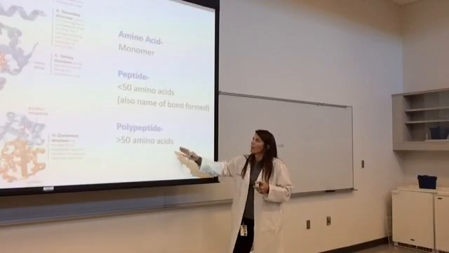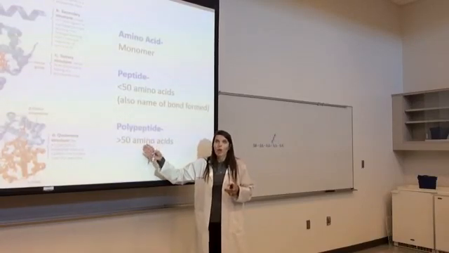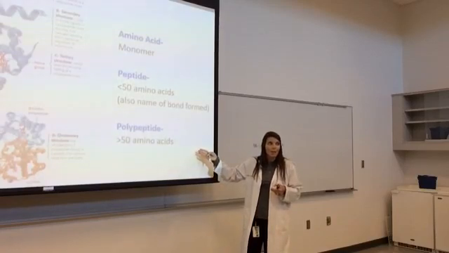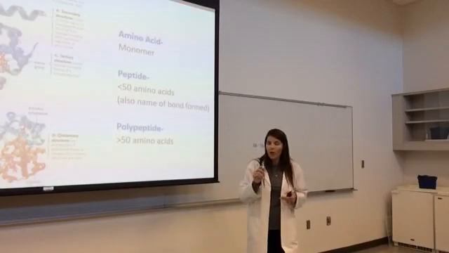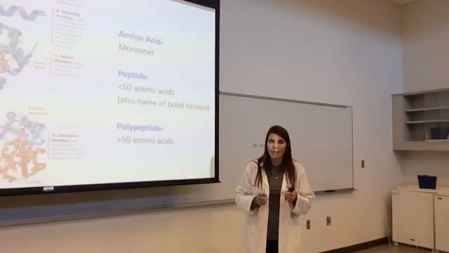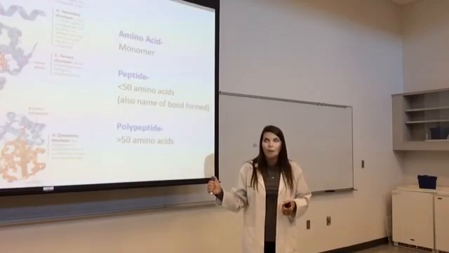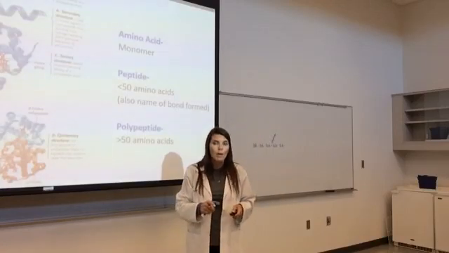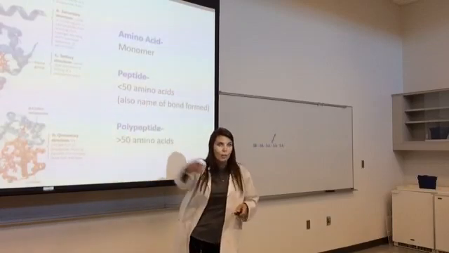It officially becomes a polypeptide by classification, meaning many peptide bonds, when there are over 50 amino acids dehydrated together. Okay? So if there are 12 amino acids, what is the classification? Peptide. What if there are 63? Polypeptide. What if there's one? An amino acid.